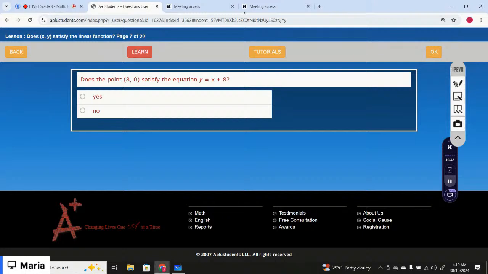Does the point (8, 0) satisfy the equation y equals x plus 8? So, which is the correct option?